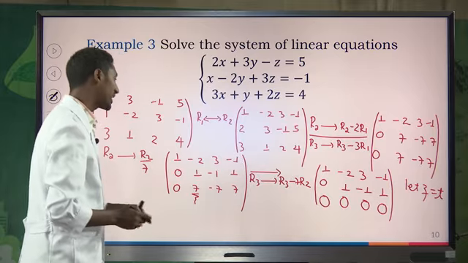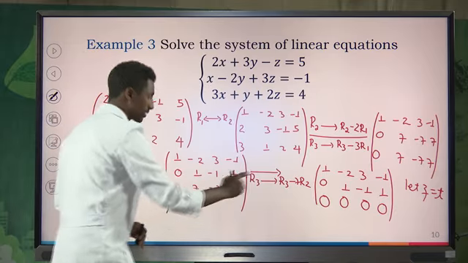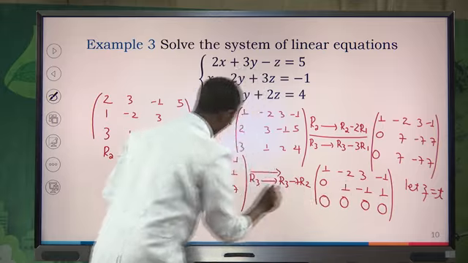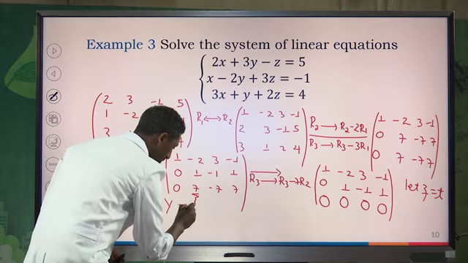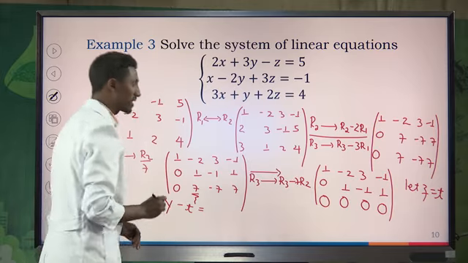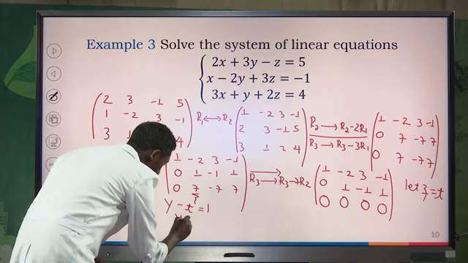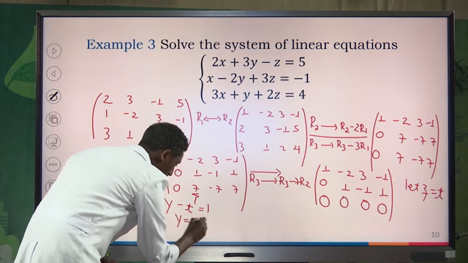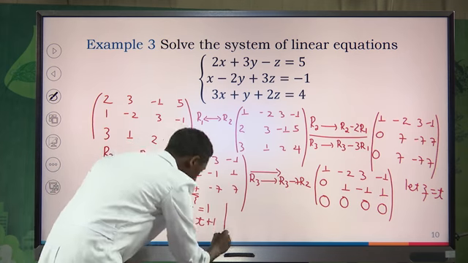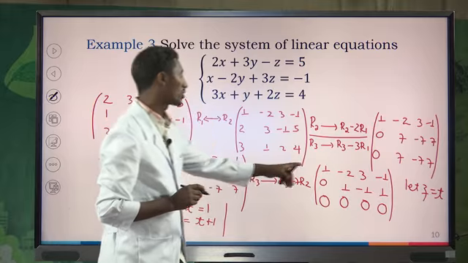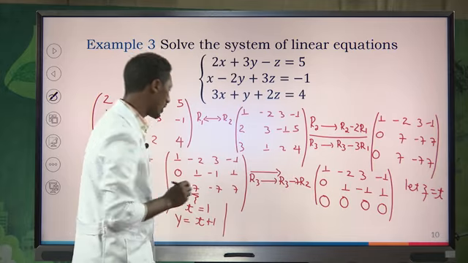The second row states that y minus z, and z is already t because we denoted it by t, equals 1. So what is y in terms of t? y equals t plus 1. Good. And similarly, the first row: x minus 2y plus z equals minus 1.